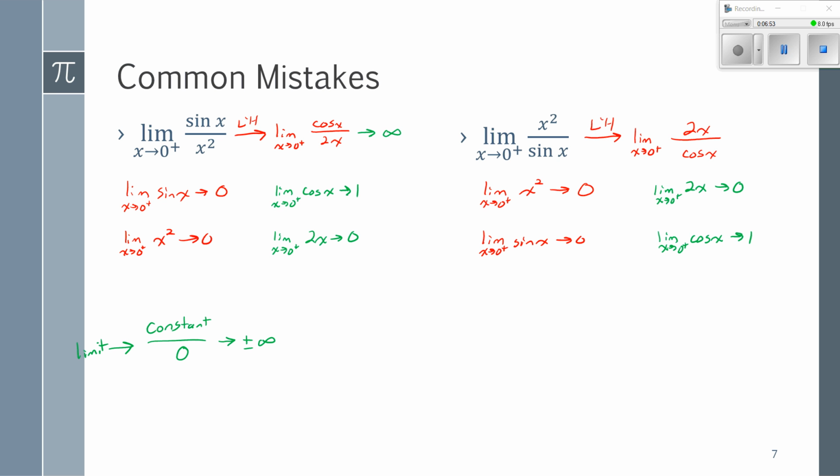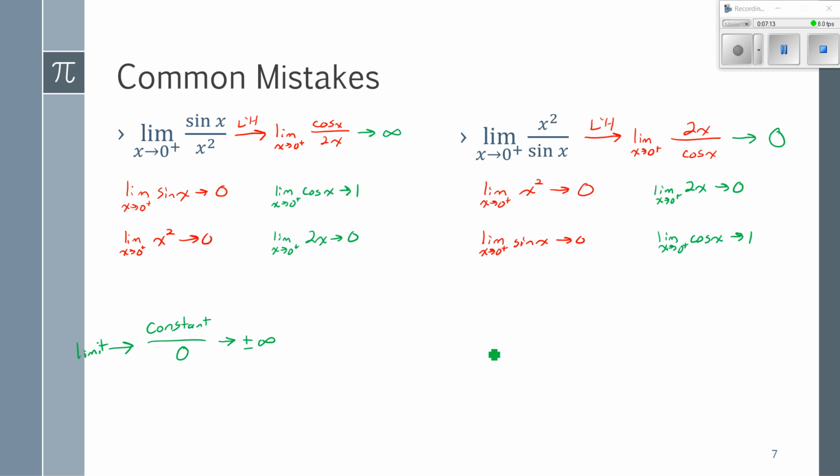A lot of people at this point would still go ahead and do L'Hopital's rule again, but that's not the indeterminate form, 0 over 0, or plus or minus infinity over infinity. This is actually something we can evaluate. We have 0 divided by 1, which gives us 0.